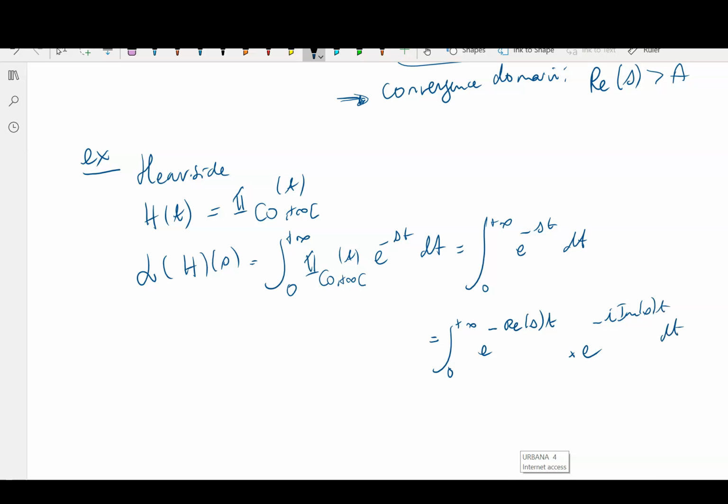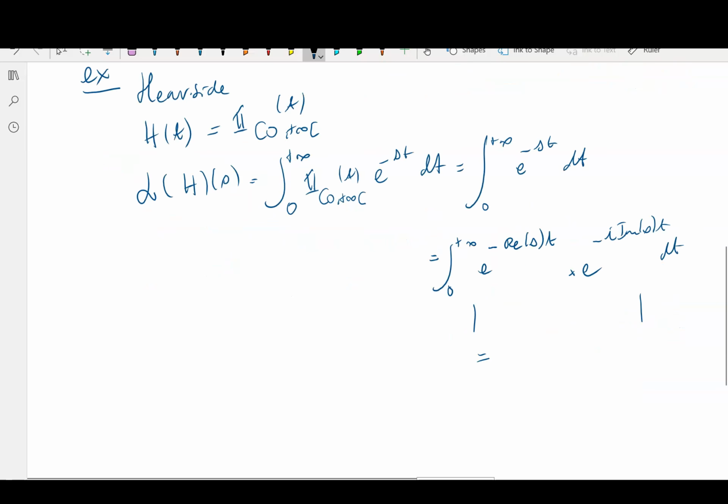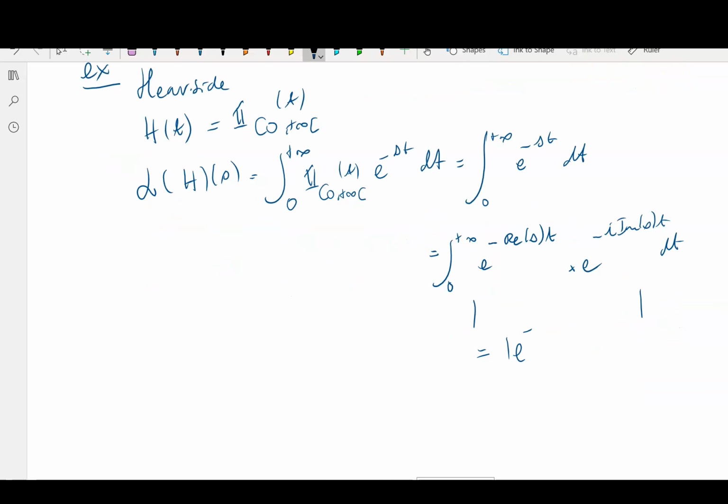Okay, so now in terms of convergence, the modulus of all that is equal to the modulus of only the exponential minus real part of s times t, which is itself an integrable function, so that could be used as a dominating function.